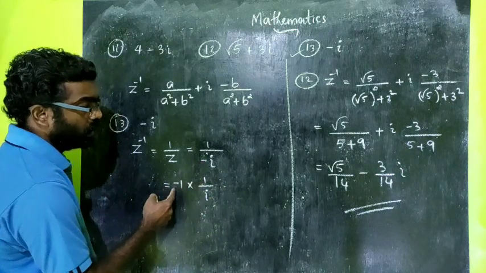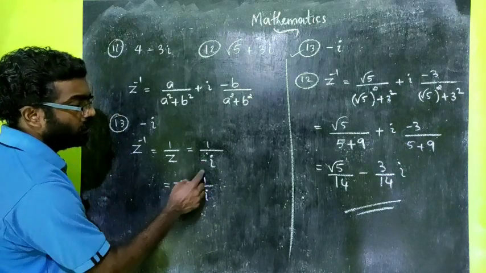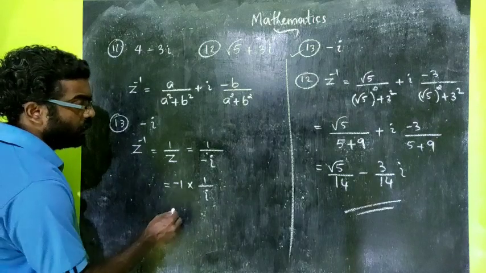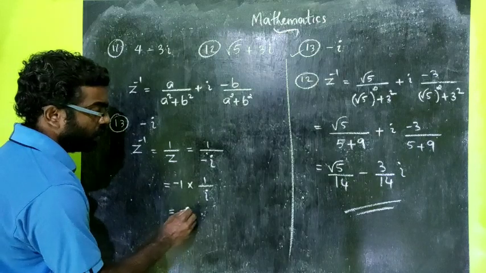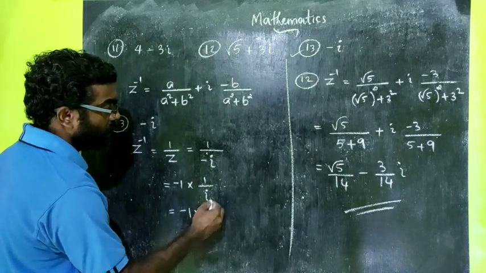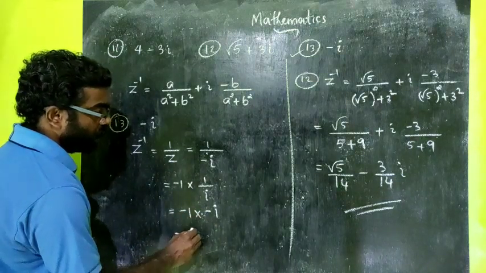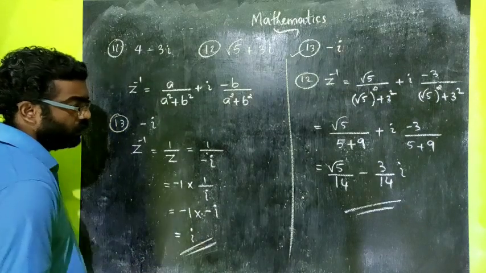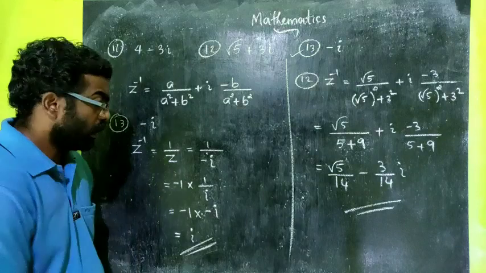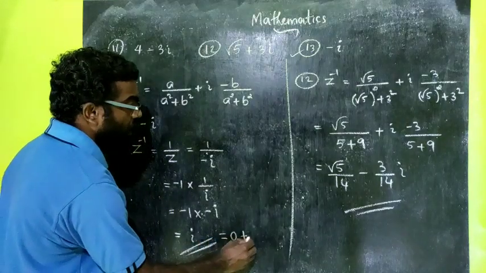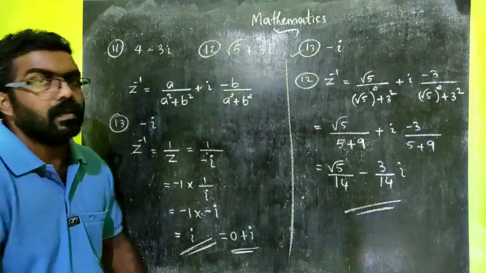This minus we take it out. So minus 1 into the remaining is 1 by i. And what's the value of 1 by i? 1 by i is minus i. So minus 1 into minus i, which gives plus i. Okay. So z inverse is equal to i, or we can write 0 plus i. Both are same. Okay.